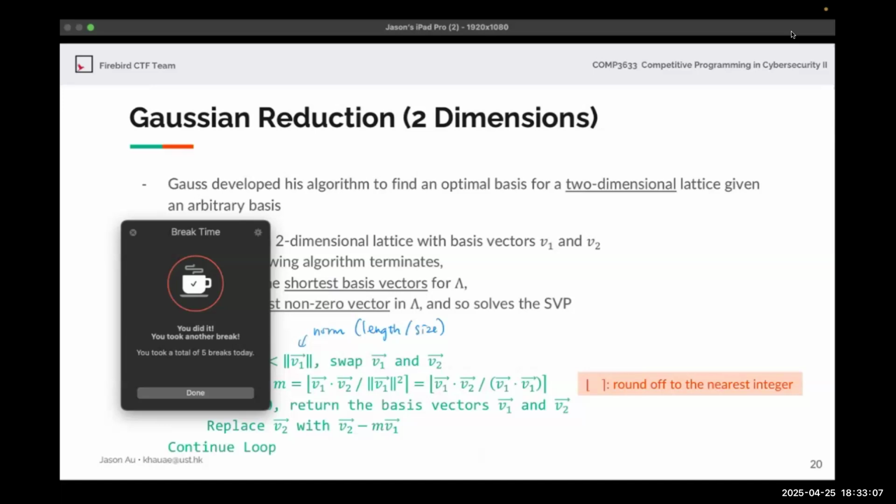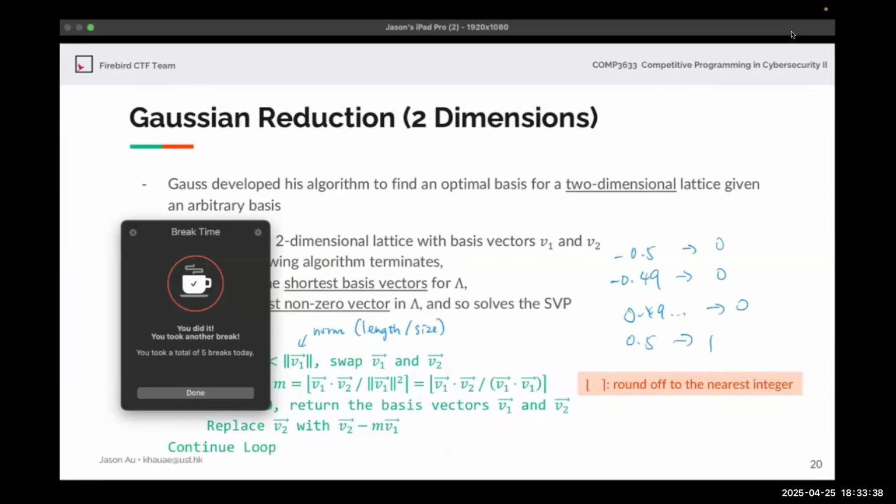A very important thing here is this symbol. This symbol means rounding off to the nearest integer. So if we have 0.49 something, it will give us 0. If we have 0.5, it will give us 1. Negative 0.49 gives us 0, and negative 0.5 also gives us 0.